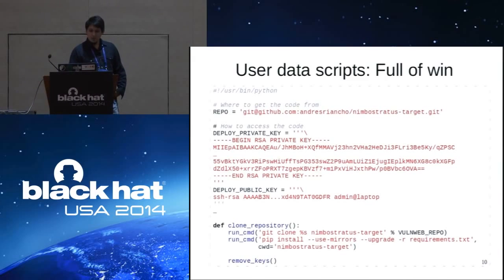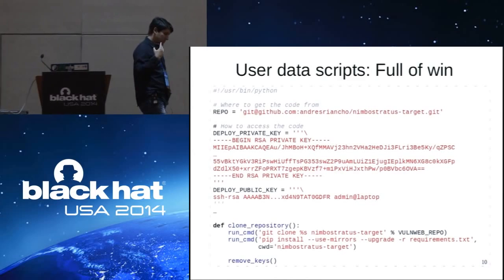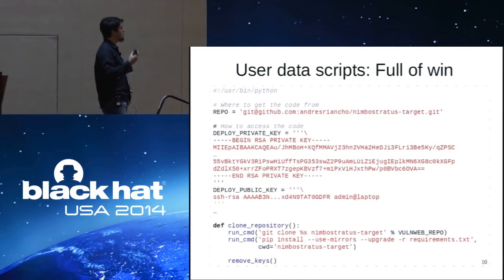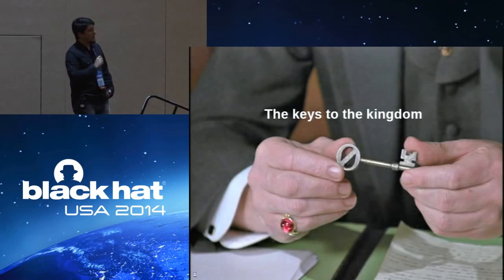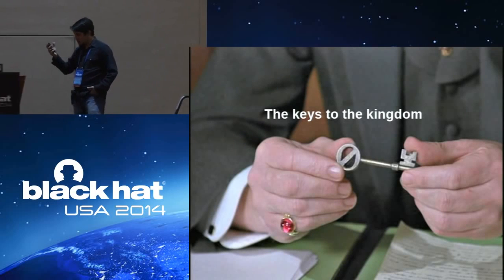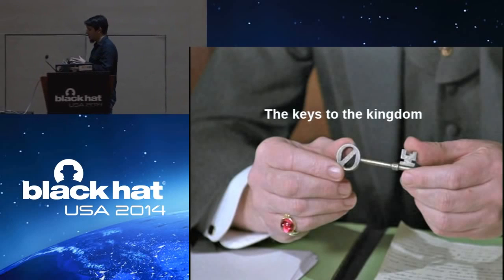So with this, I had access to the source code of the web application that was running and I was trying to pen test. I had access to the source code, which was really good. I had the keys to that web application.